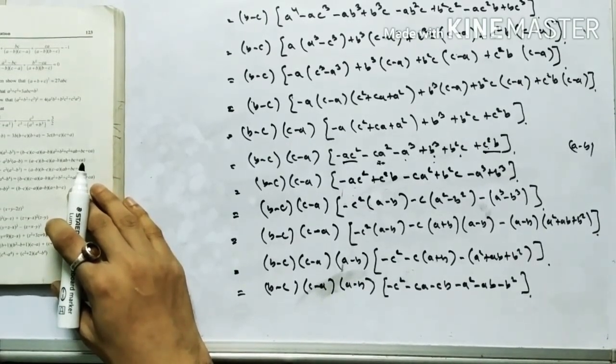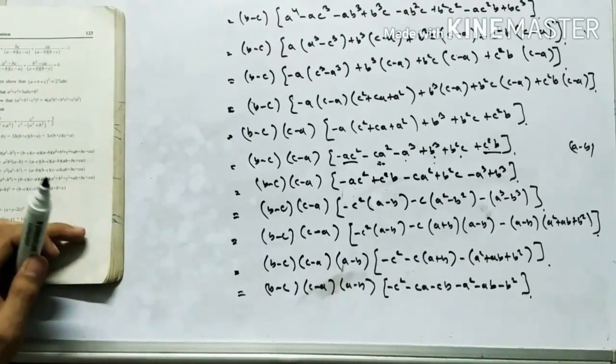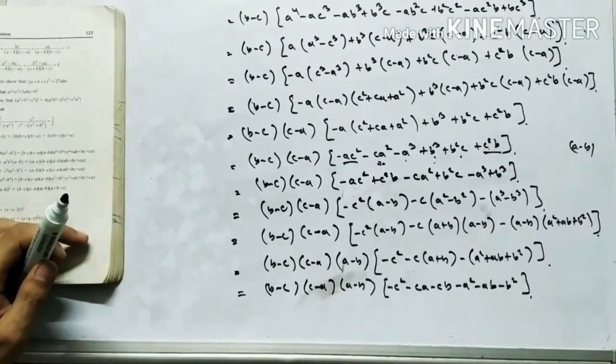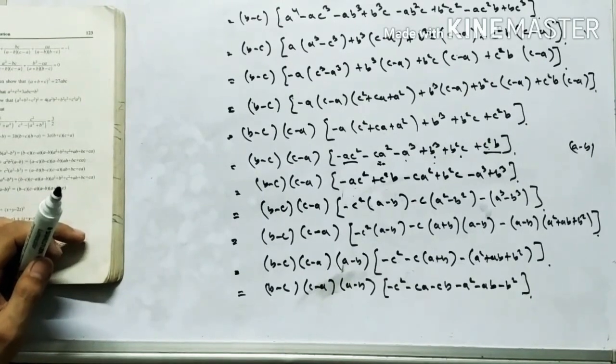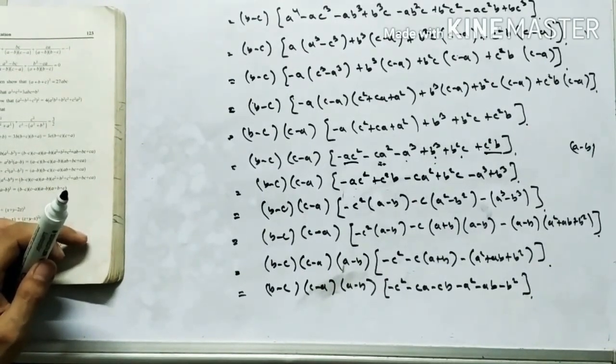Everything is correct there, but why minus common and (c minus a)(b minus c)?